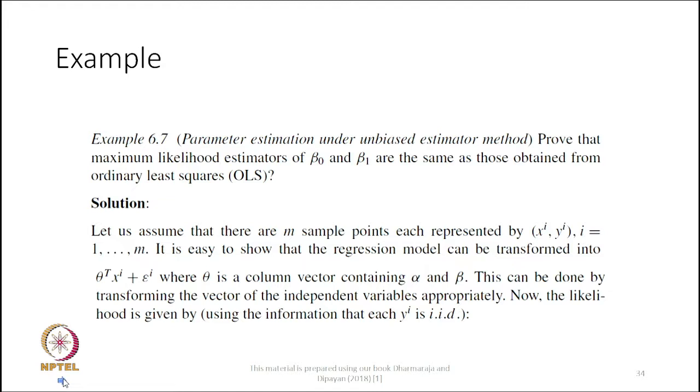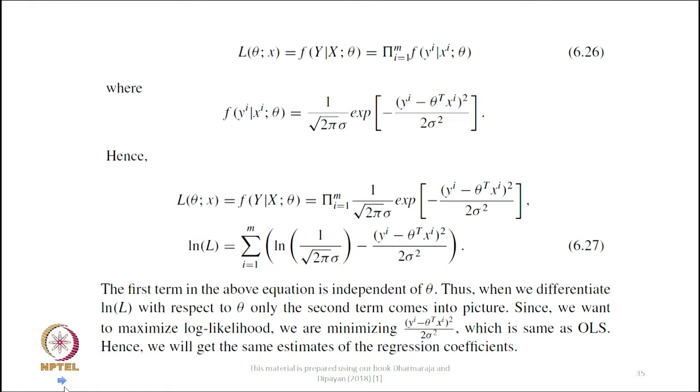This can be done by transforming the vector of independent variables appropriately. Now, the likelihood function is given in the form of a product of probability density functions if it is continuous, or probability mass functions if it is a discrete type random variable.